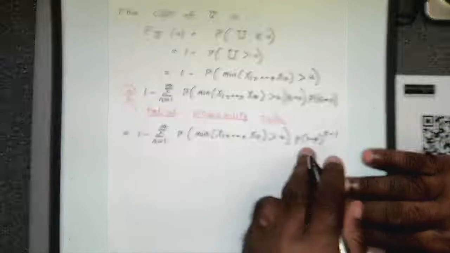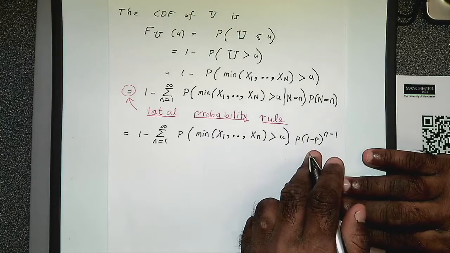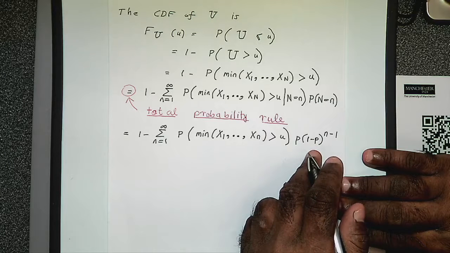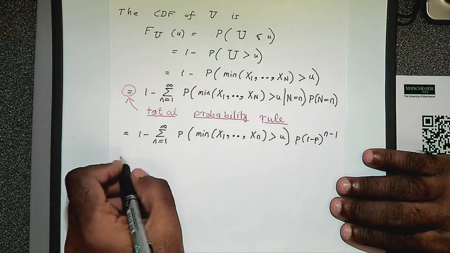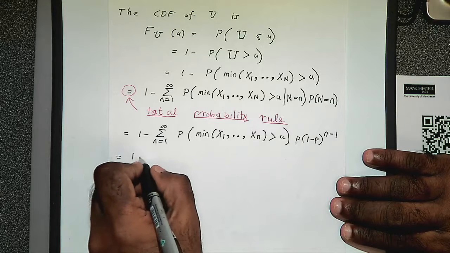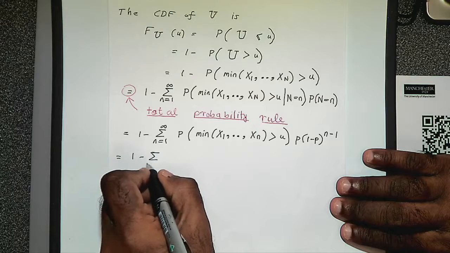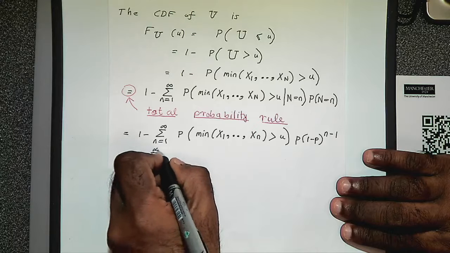Okay, this is the probability mass function of a geometric random variable, right? All right. So this becomes 1 minus the probability from, 1 minus the sum from 1 to infinity.